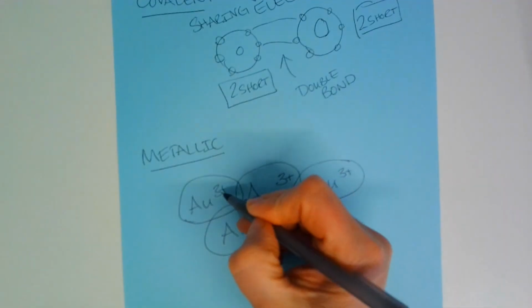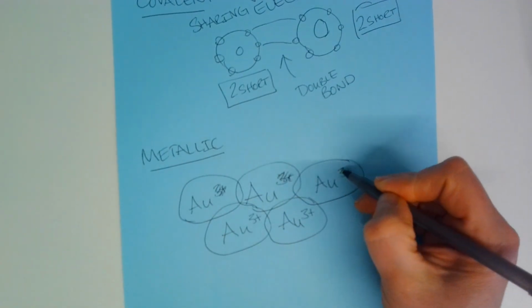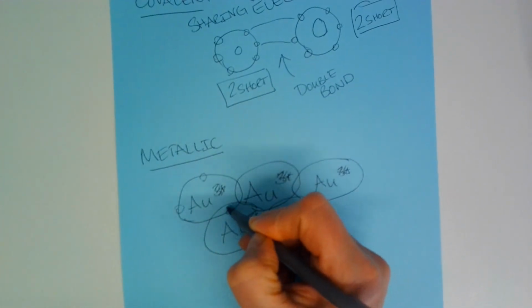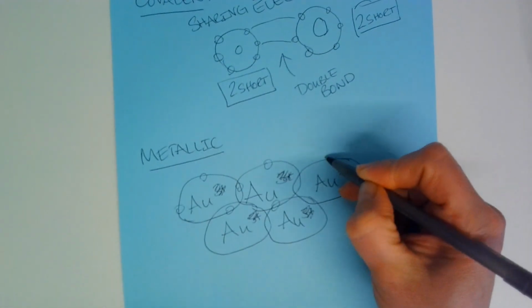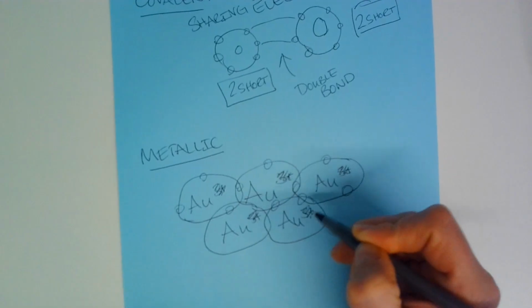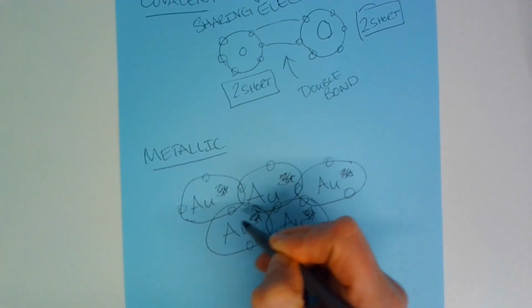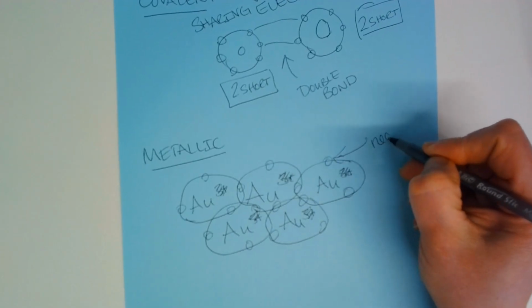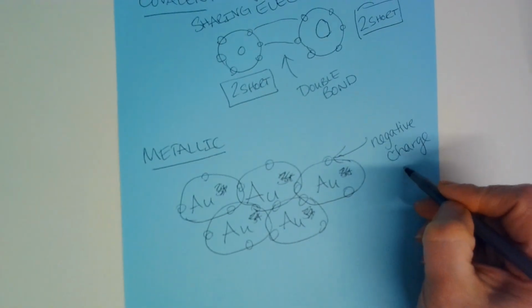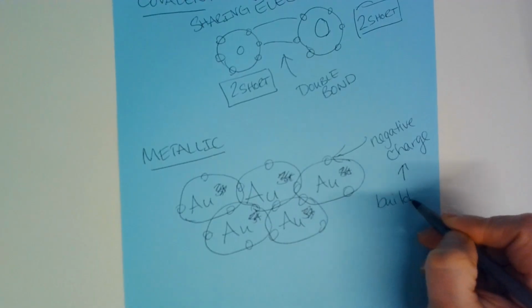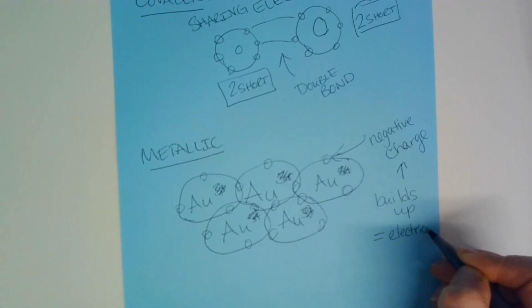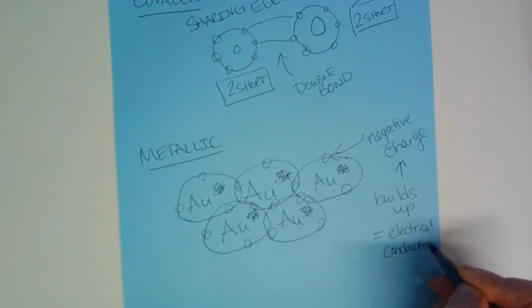It doesn't actually need a charge. So let's just say it has those 3 extra electrons, 1, 2, 3, 1, 2, 3, 1, 2, 3, and they're just kind of hanging out. All those electrons are just hanging out, which creates negative charge. All that negative charge builds up and gives us things like electrical conductivity.